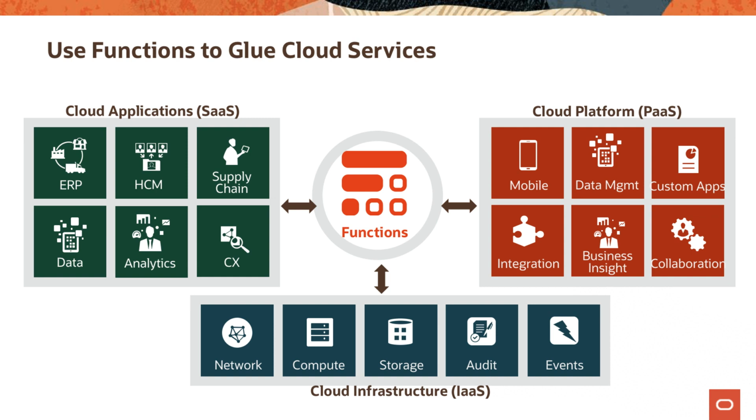So anywhere you have a scenario like this, you can invoke your functions, for example, in response to certain events happening in one kind of cloud service, leading to a change or a response happening in a different kind of cloud service. And you can use different permutations and combinations of these services, as you can imagine.